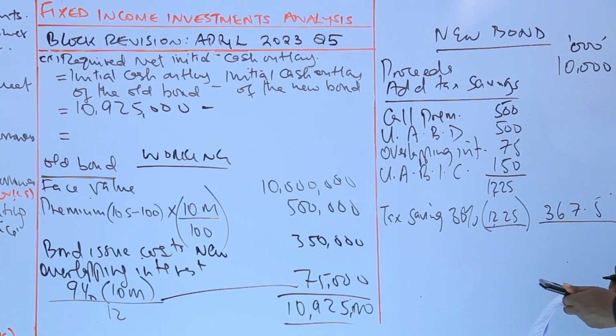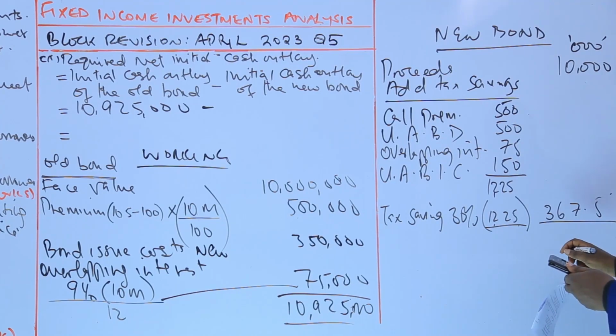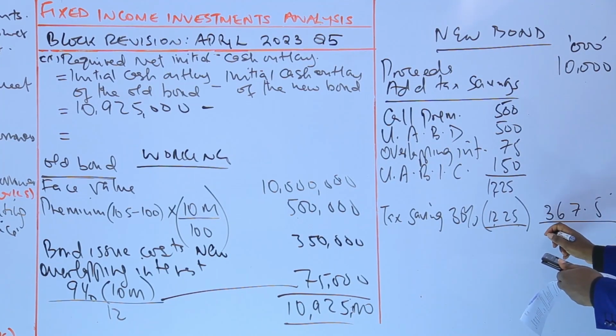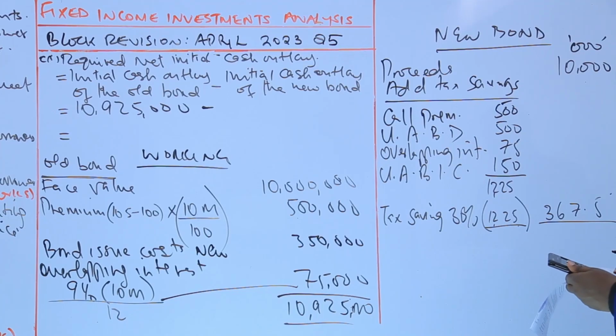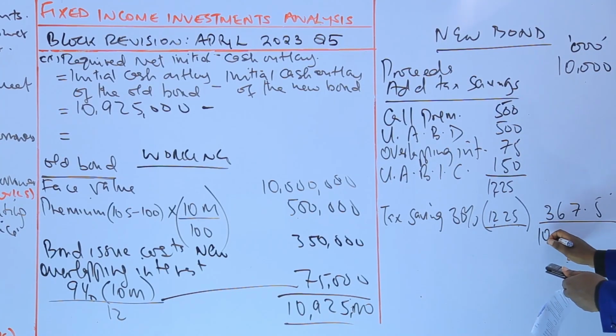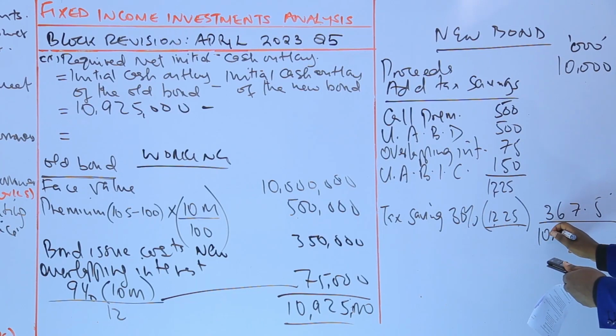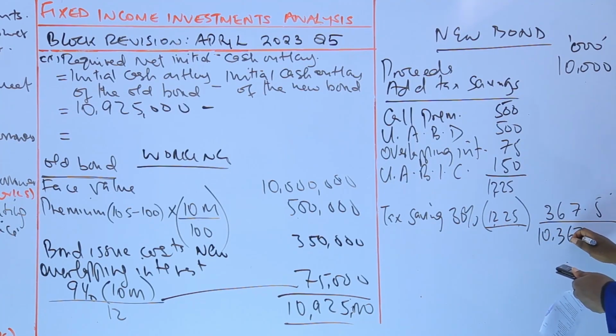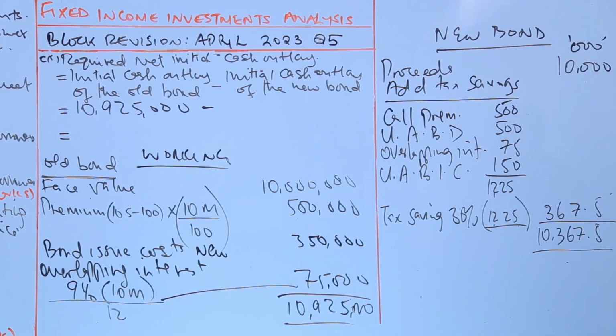We add to the 10 million, which is equal to 10,367,500. That is the initial cash outlay of the new bond.